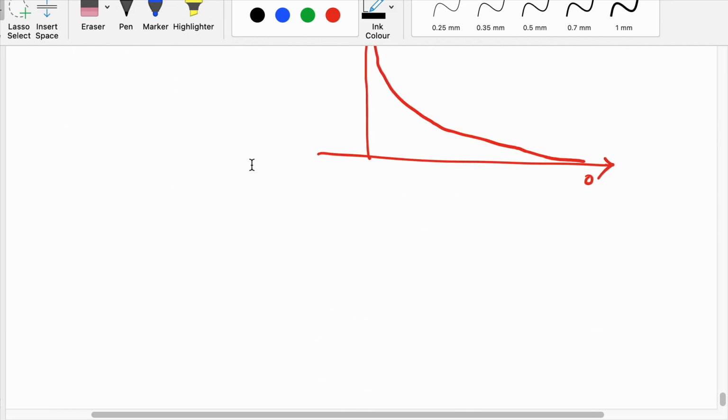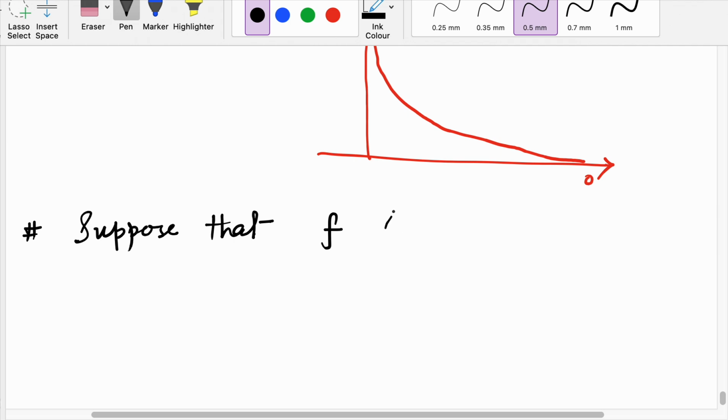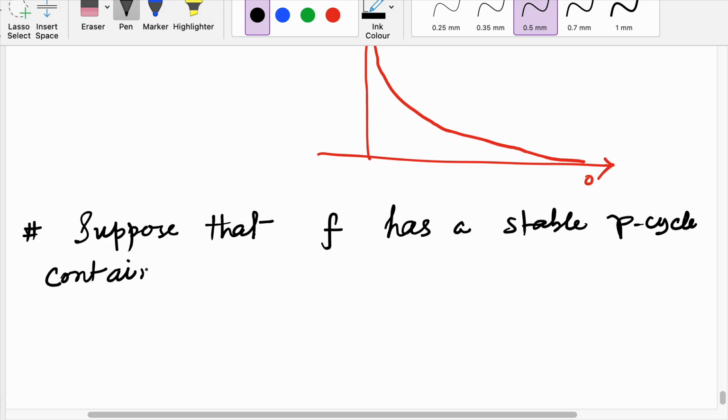Now let me give you an example. Suppose that the function f has a stable p cycle containing the point x0.